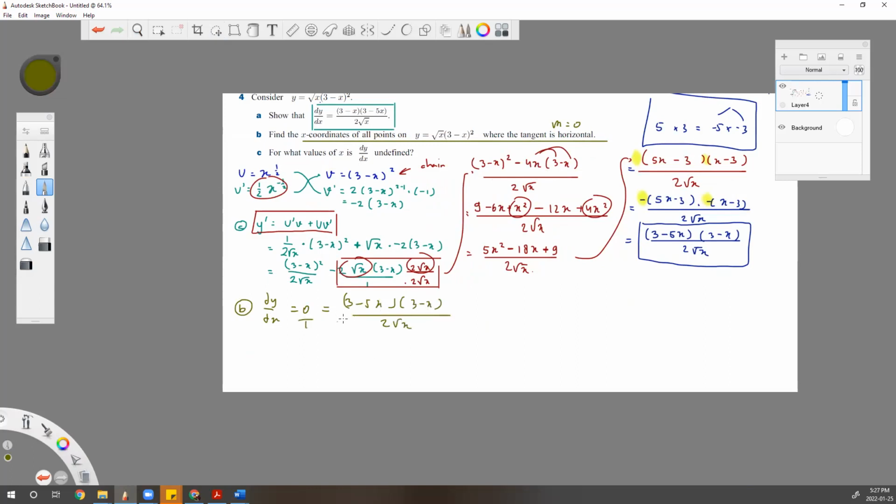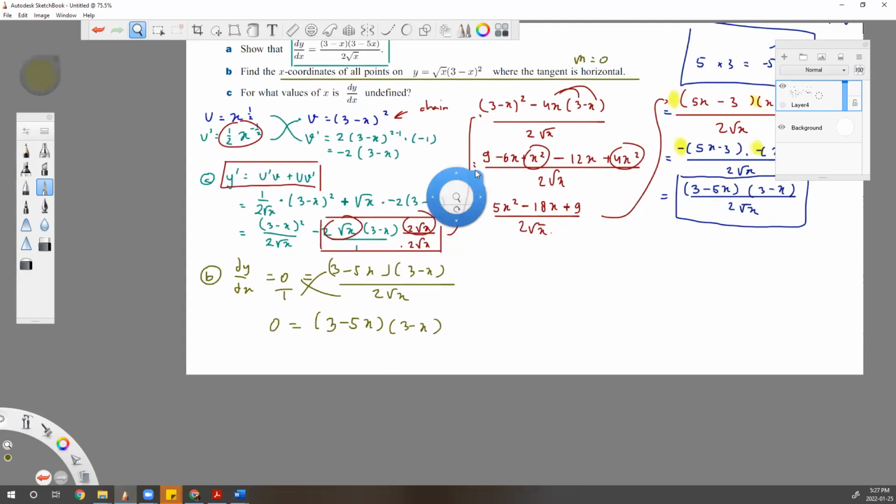If you do the cross multiplication, you get 0 equals the top side itself, 3 minus 5x, 3 minus x. So either 3 minus 5x equals 0 or 3 minus x equals 0. So x will be 3/5 or x will be 3. That's the answer.